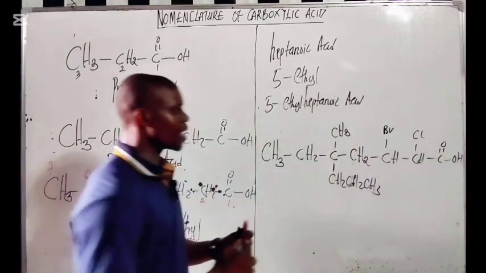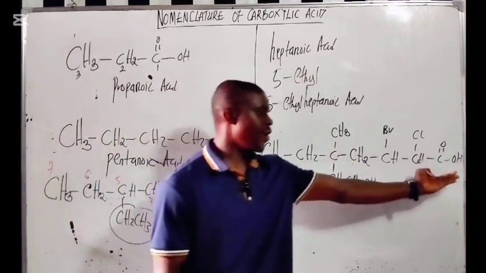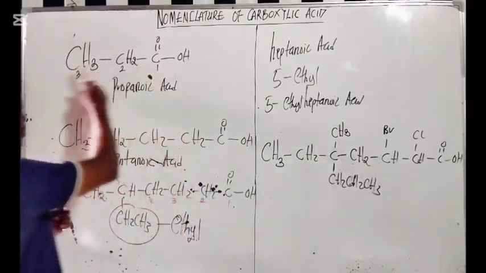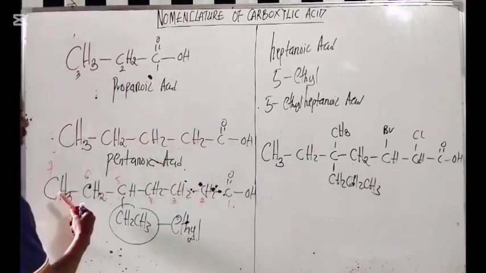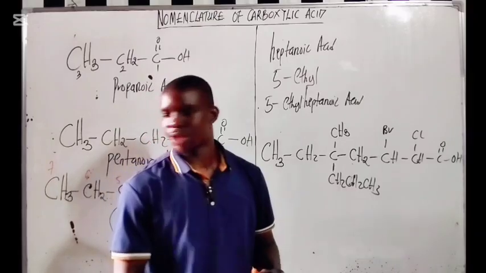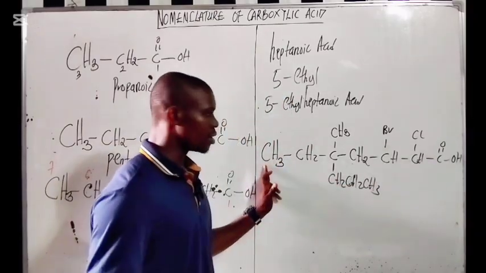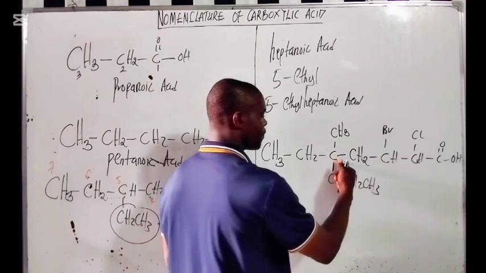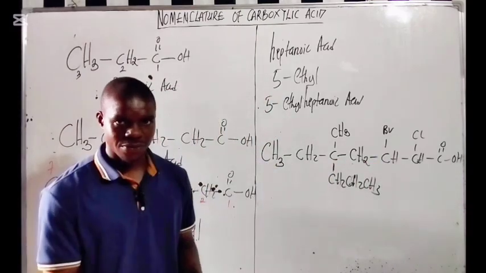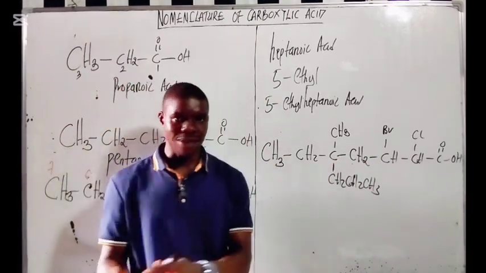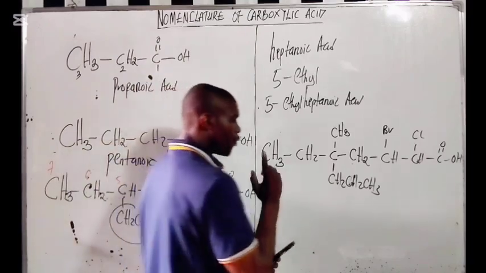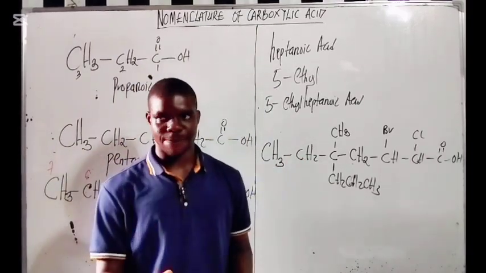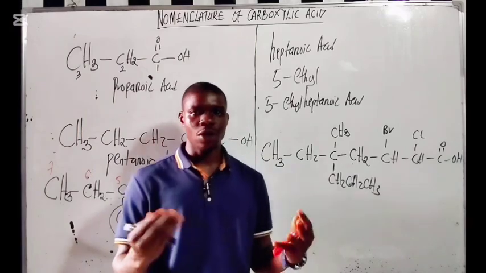Now if some students see this one here, since I'll be taking from here to here, students will just rush and take from here to here. If I take from here to here, 1, 2, 3, 4, 5, 6, 7, it's going to be heptanoic acid. But understand that the rule of nomenclature says that you must take the longest continuous carbon chain. What do you understand by longest continuous carbon chain?